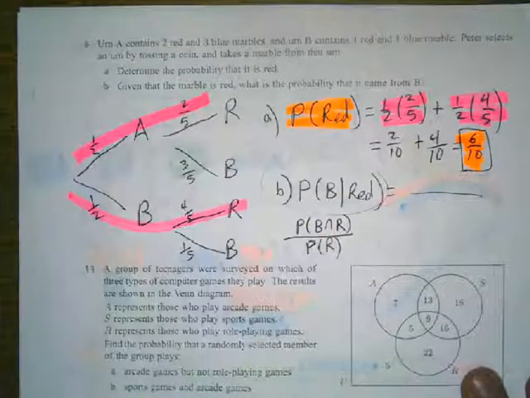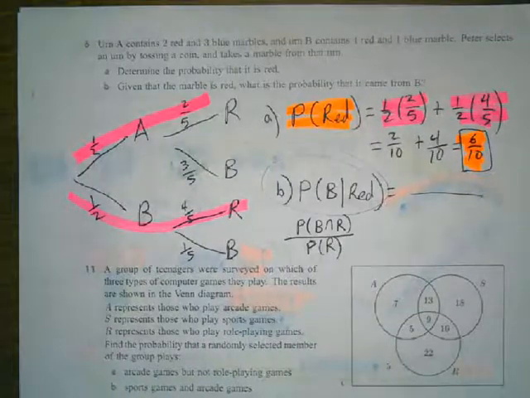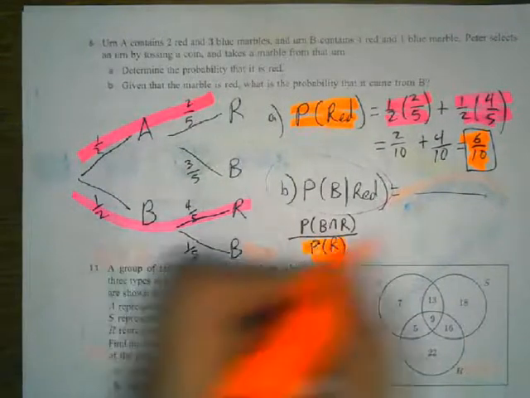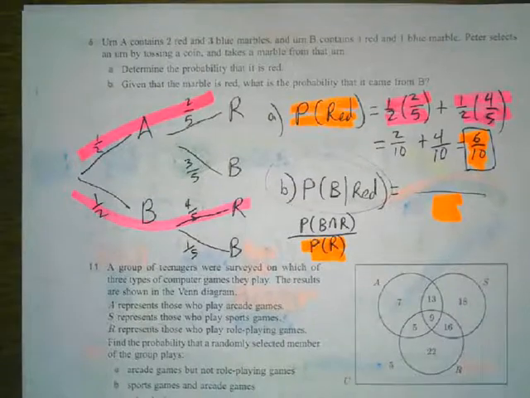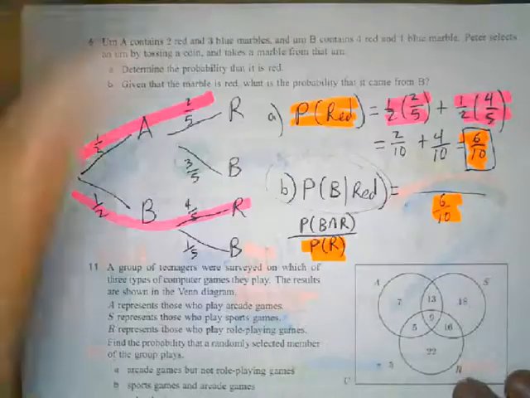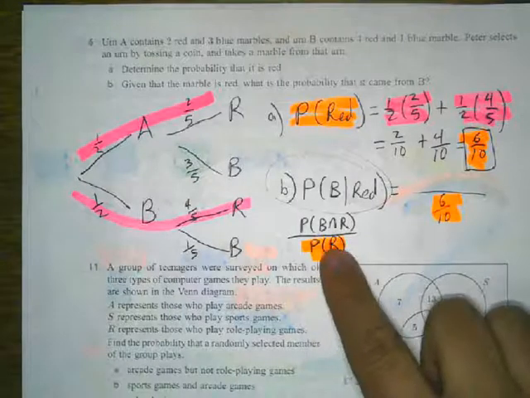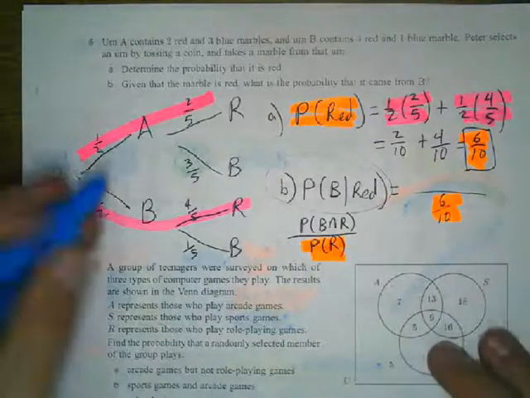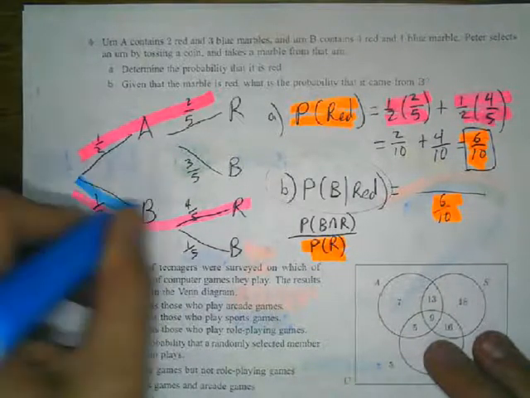Okay, so the probability that it's red, we just determined, is 6 over 10.